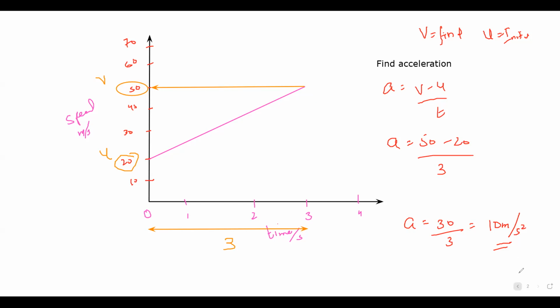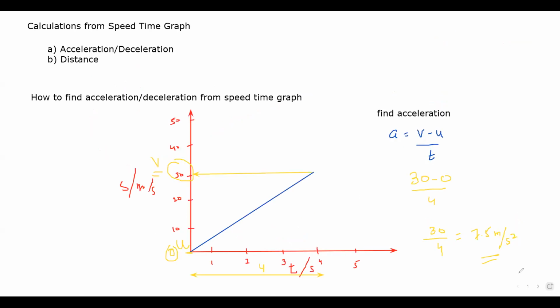Then if we want to calculate the distance traveled, the first thing is we calculate acceleration. But sometimes the graph is not a straight line, it's a non-linear graph. In some questions the graph is not a straight line.